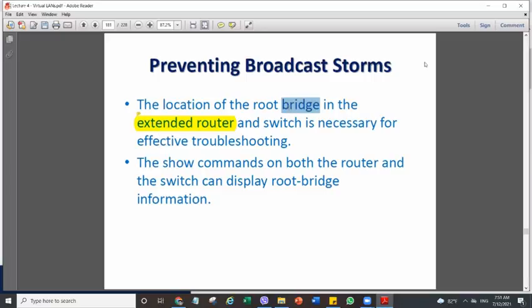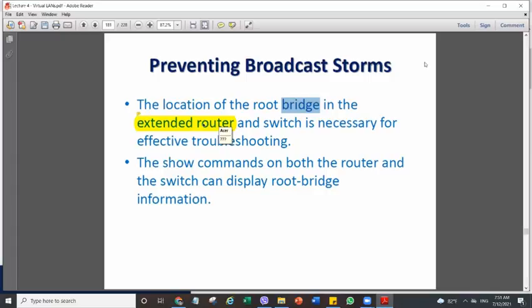Once the tree is introduced at the end, from where the root of the tree starts is the question here. In the first statement it says the root starts from the interface of the router, the location of the root bridge in the extended router.